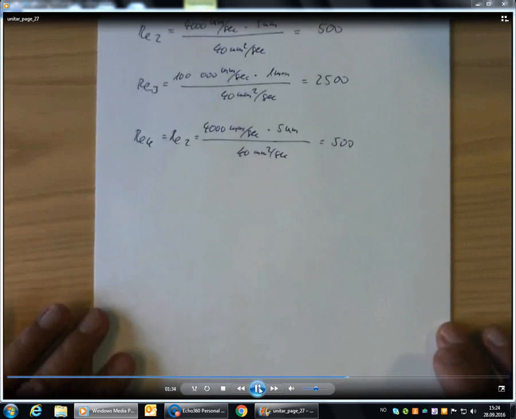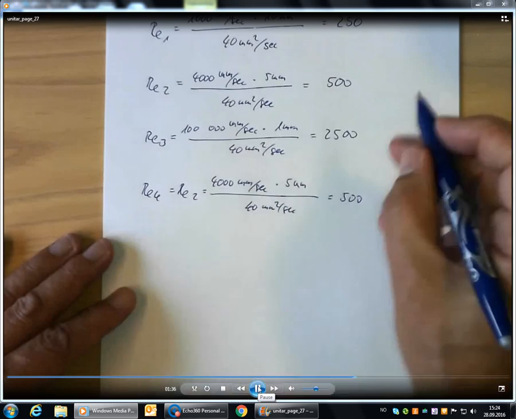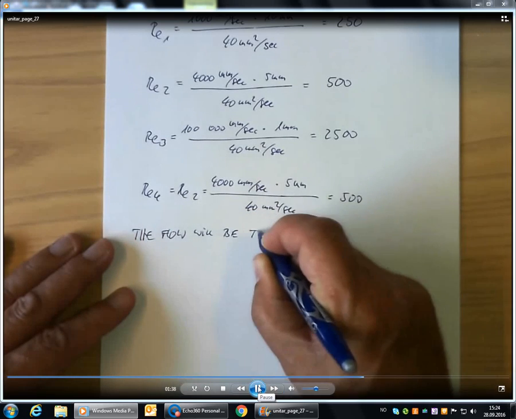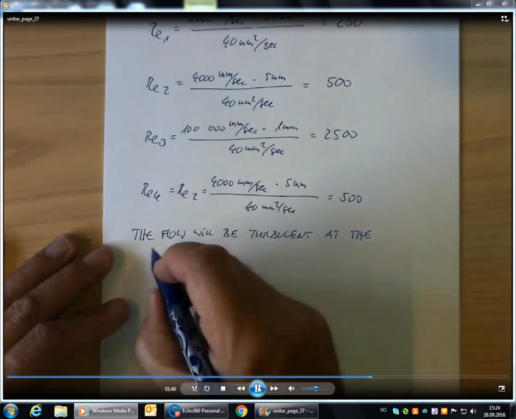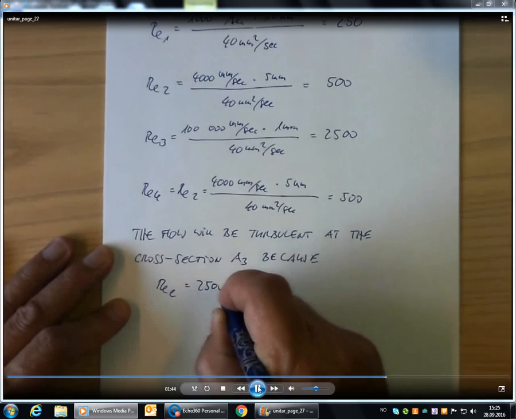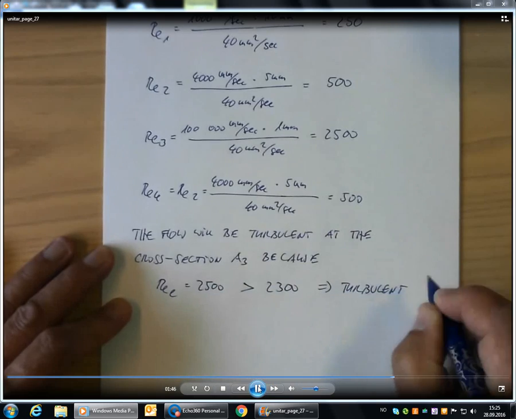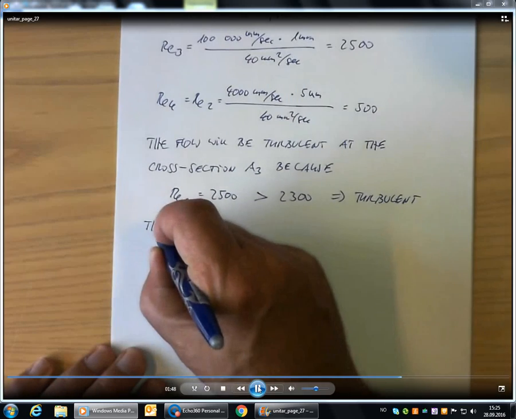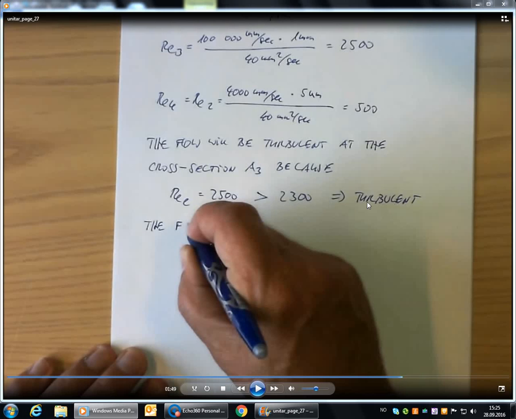And now we can judge this flow here. We can say the flow will be turbulent at the cross section A3 because the Reynolds number 2500 is larger than the critical Reynolds number 2300. The result is turbulent.